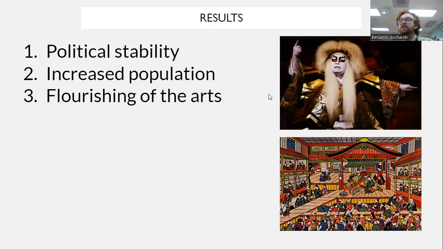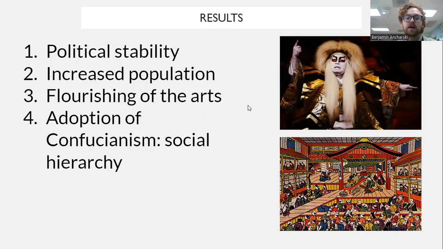However, what else do we see? Well, another way that the Japanese are going to centralize authority is by creating a legal and social system based on Confucianism. And indeed, we are going to see that the adoption of a Confucian social hierarchy is another way to maintain power in Japan.